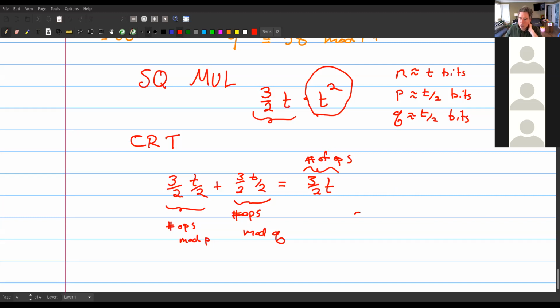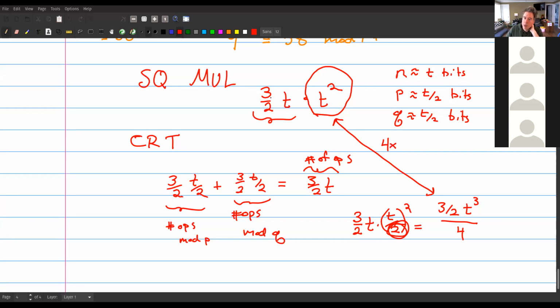So if you do the whole calculation down here, you get 3 halves t operations, but now each operation is t over 2 squared. And so what happens here is that you get 3 halves t cubed over 4, because when you square this 2, it becomes a 4. So people say that the Chinese remainder theorem gives you a 4x speed up.